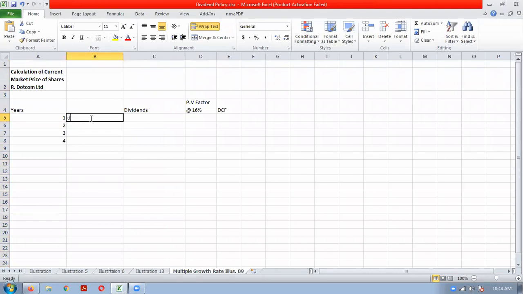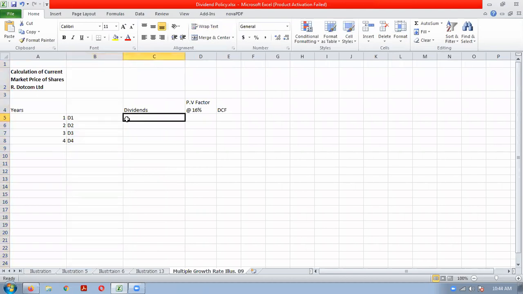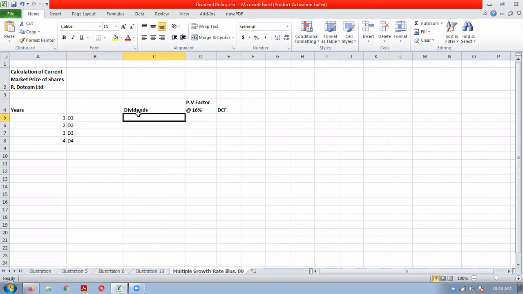So dividend of year 1 will be D1, dividend of year 2 will be D2, dividend of year 3 will be D3, and dividend of year 4 will be D4. Okay. Now, how to calculate D1? First, we will have to calculate the D1. This is required first.